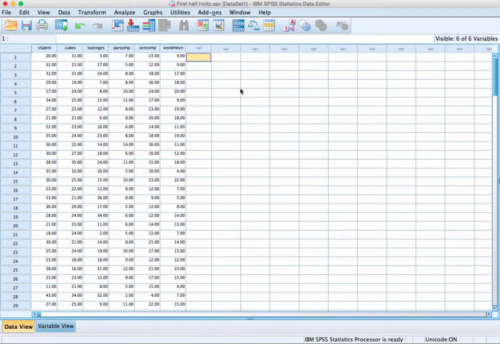I split it in half, and I took a random first half and a random sample and called it the second half. And so the goal here is that we'll do an exploratory factor analysis to determine the factor structure of these 6 items.